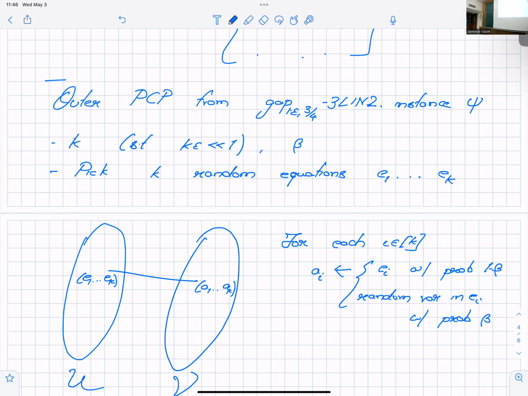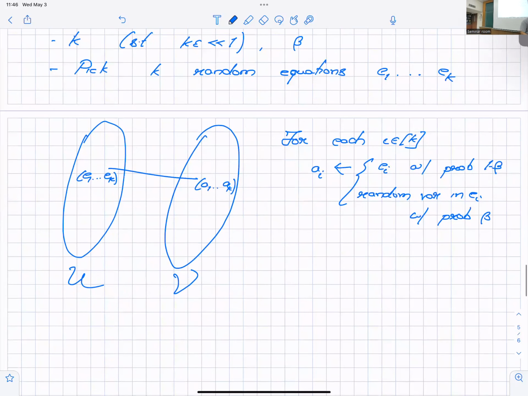And we can assume with high probability that, let U be the number of variables in E1 to EK, and V the number of variables in A1 to AK.